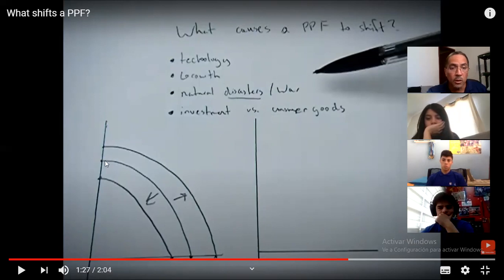So we move this possibility curve from here to here, and at this point we are able to produce 120 pizzas because we bought new technology, or maybe we got a new employee who knows how to make pizza efficiently, or maybe the economy is growing and people are buying more pizza.